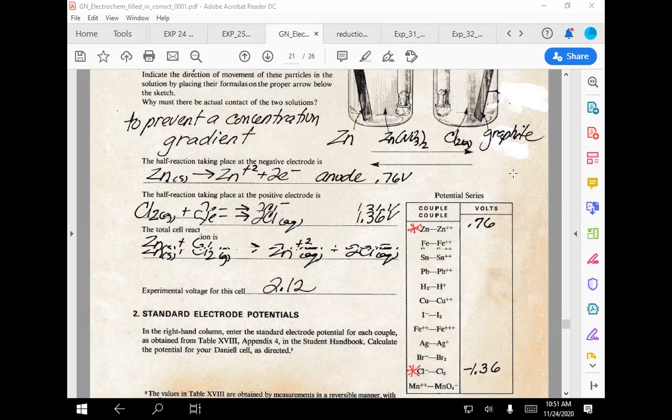So the concept for you is being able to sketch a cell. So in case you're asked multiple choice questions, you could answer the questions.